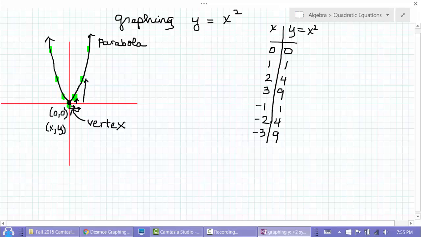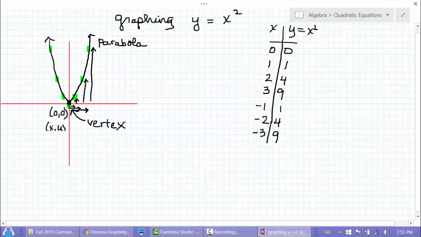If I start back at the vertex and move right by 3, the point on the graph rises by 9.